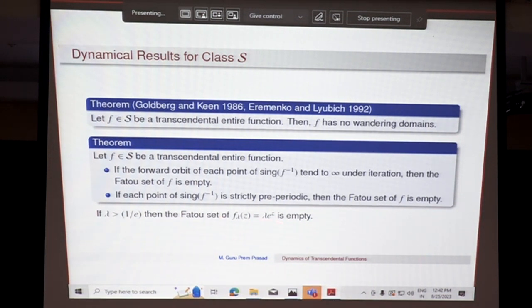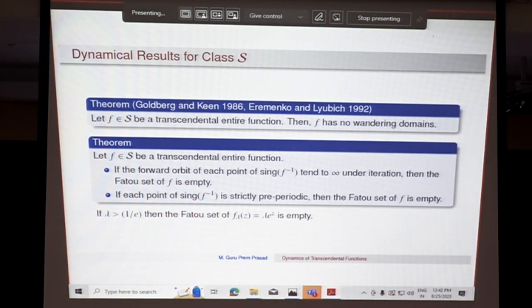As for the proof, I already told you e power z has only one asymptotic value, 0. So tracing the forward orbit of 0 is the only requirement. The forward orbit of 0 tends to infinity if lambda is greater than 1 by e. If lambda is less than 1 by e, the forward orbit of 0 goes to some basin of attraction, so that is the case there.